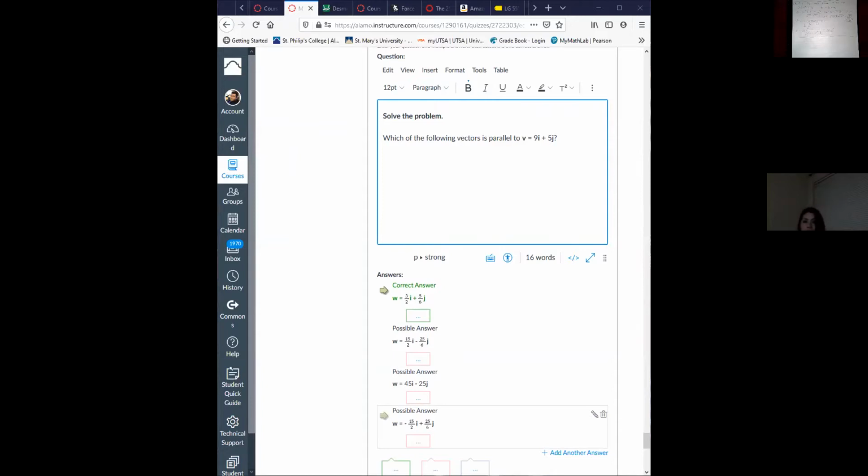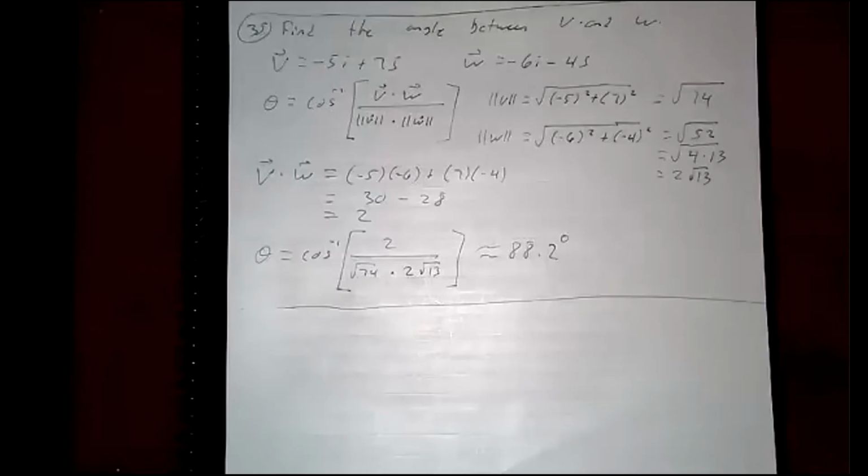Yeah, if it's 0, they are orthogonal, or a 90-degree angle. If they are parallel, they need to give you a 1. Okay. Anyway, so yeah, just do the dot product until you get a 1.